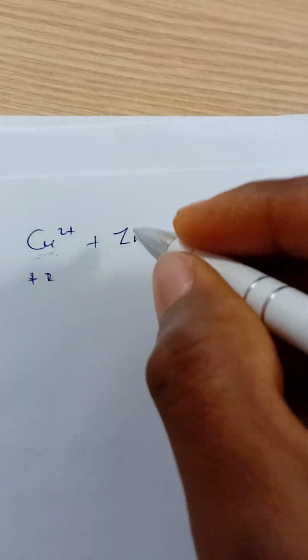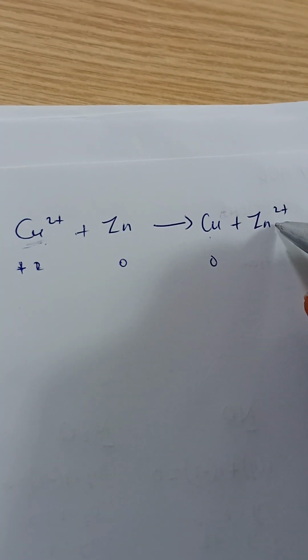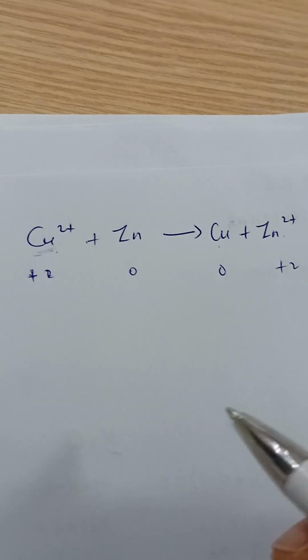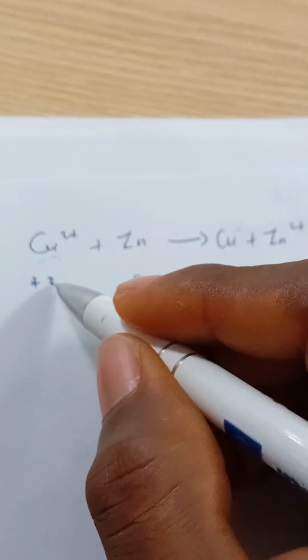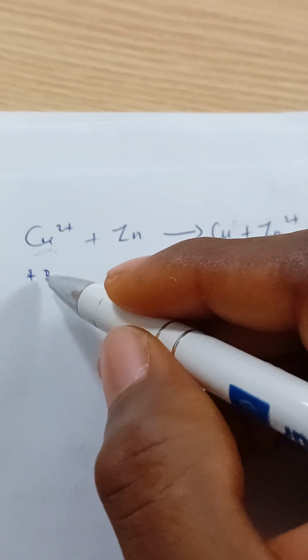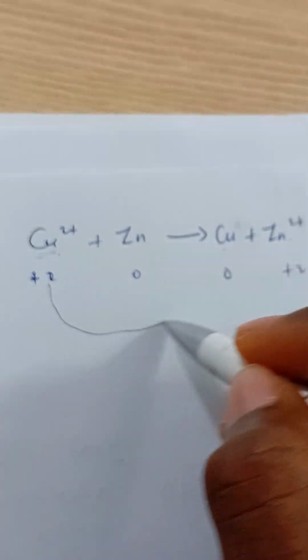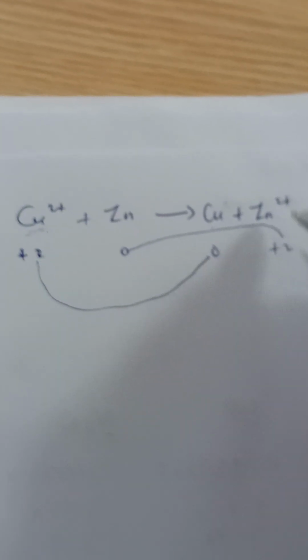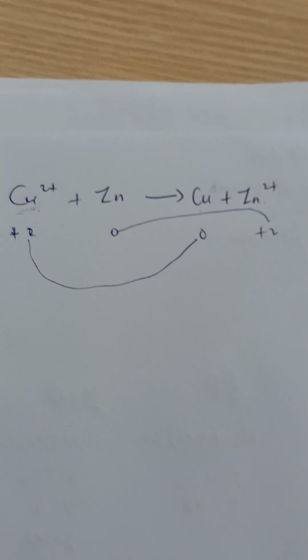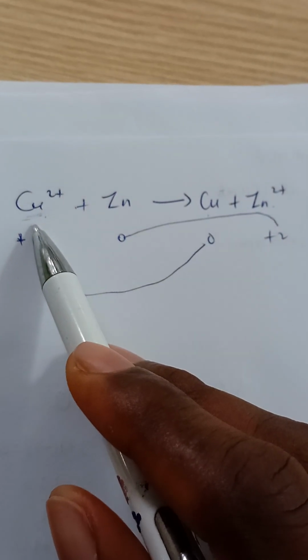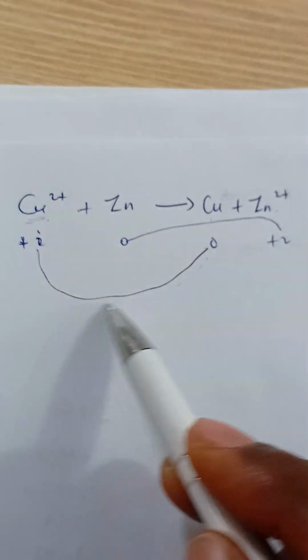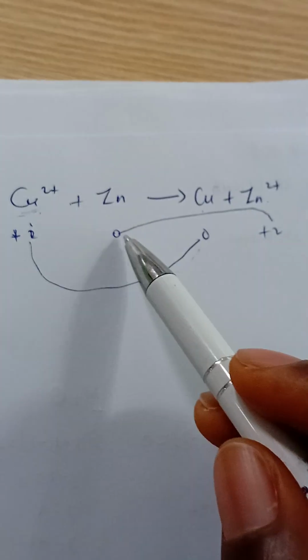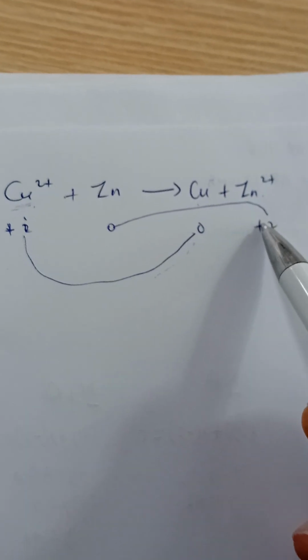If you take zinc, the oxidation state is 0, and on the product side it is +2. So the oxidation state of copper has been reduced from +2 to 0, and that of zinc has increased from 0 to +2. The inference is that copper has undergone reduction, a decrease in oxidation number, and zinc has undergone oxidation, an increase in oxidation number.